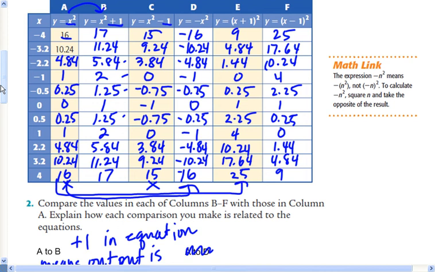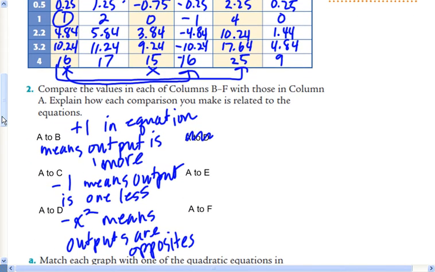Like this output of 1 right here actually happened as an input of negative 1 on this one. The output of 0 shifted 1. So you get the same output for one less input.